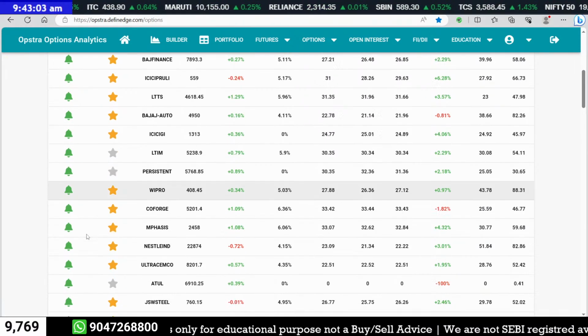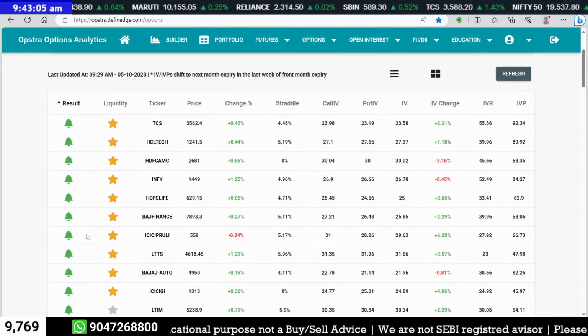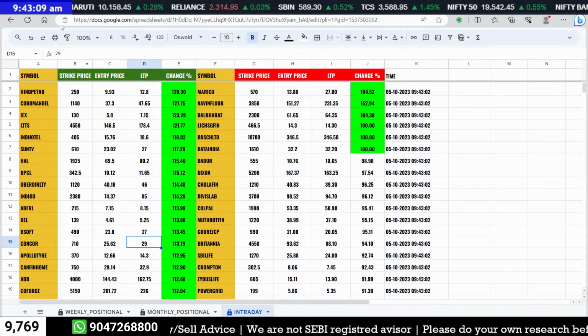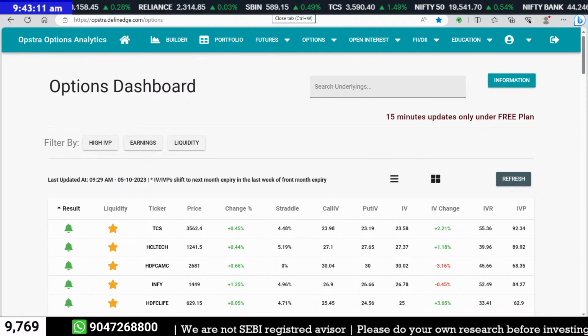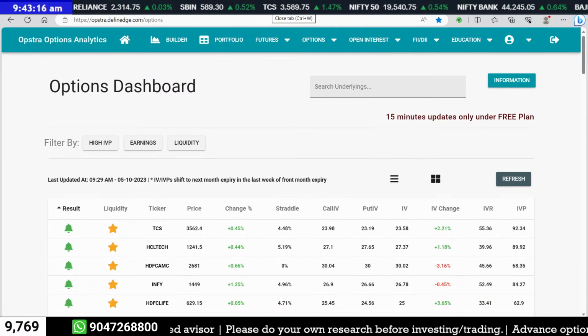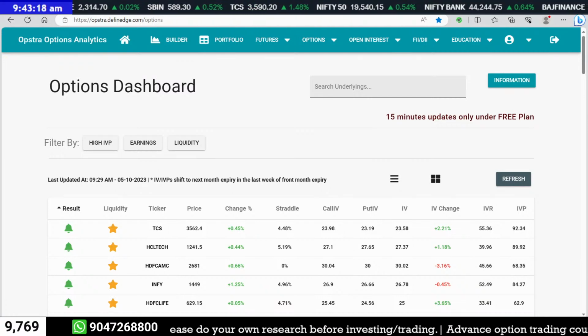So a lot of stocks are going to announce their quarterly results. With that expectation the stock can move in a very high range, so you should be aware of that. And when the stock announces the result, it will be very fast. Suddenly gap up, gap down can be seen.